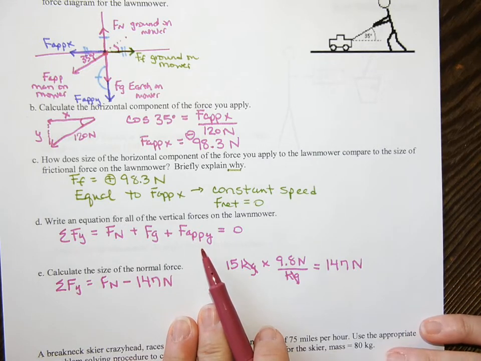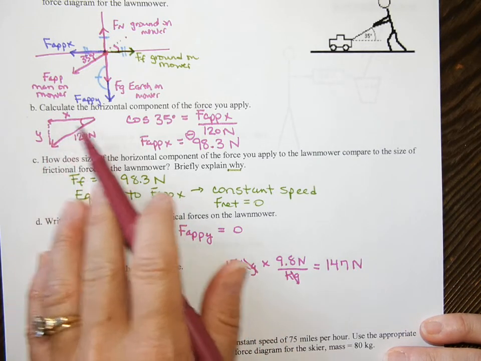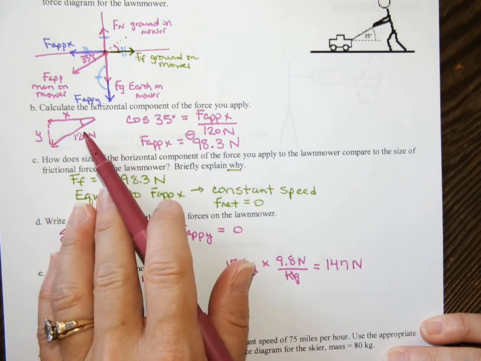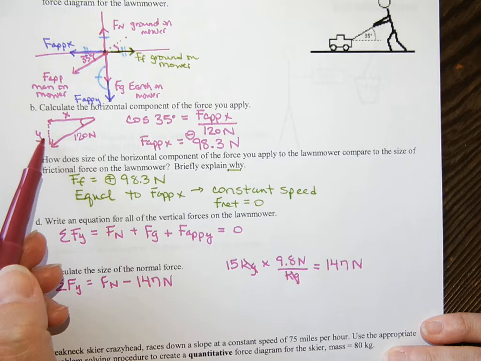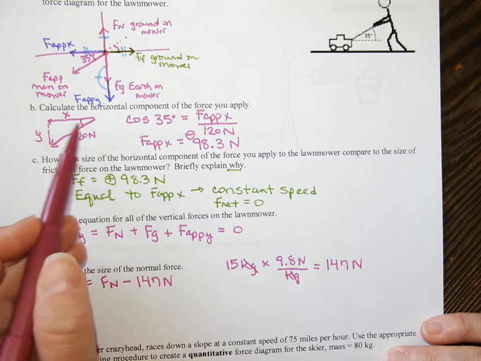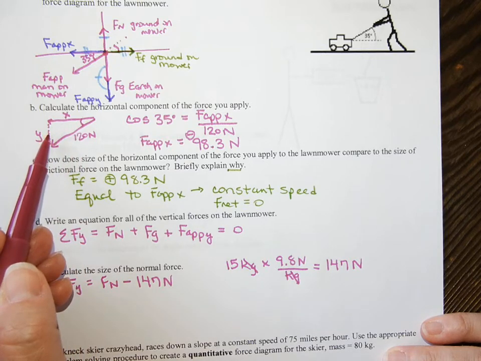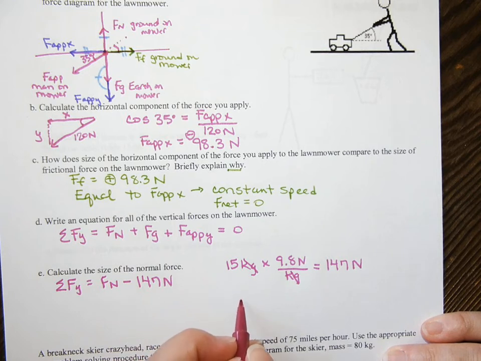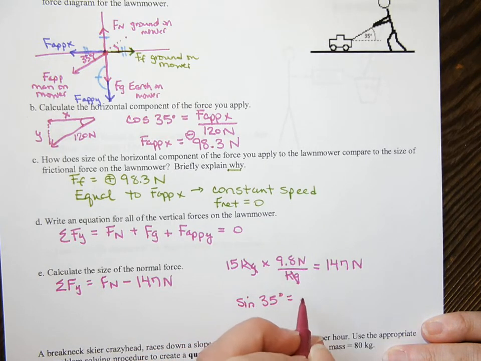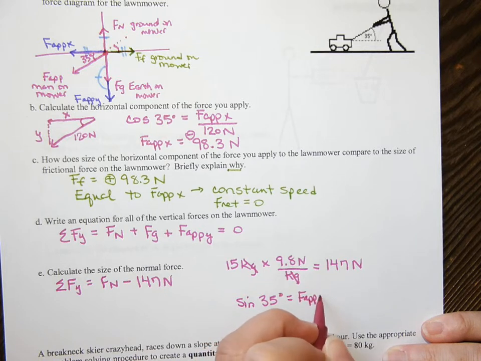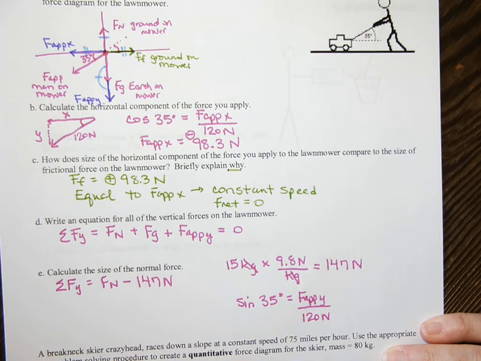To find F applied y, I'm going to make use of this triangle here again in part B. This time I need that y component. This y component is across, or the opposite side to the 35-degree angle. So when I do my trig work, the sine of 35 degrees is the opposite side over the hypotenuse, which is 120 newtons.